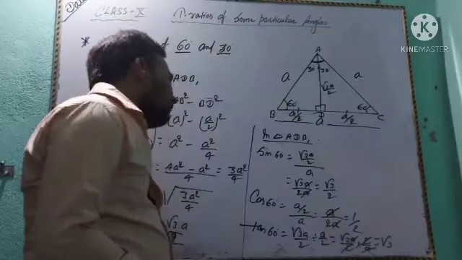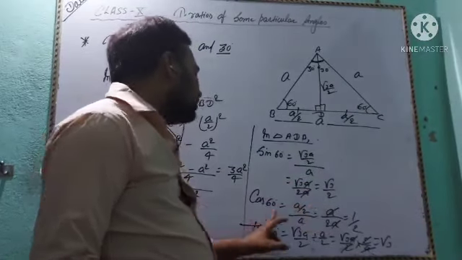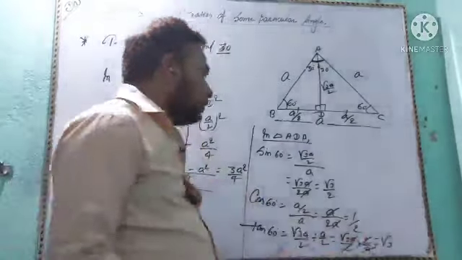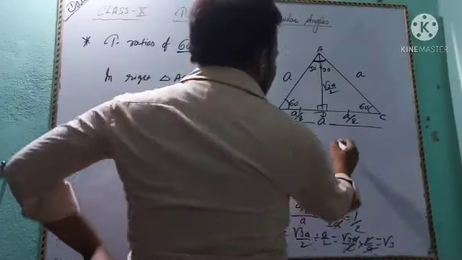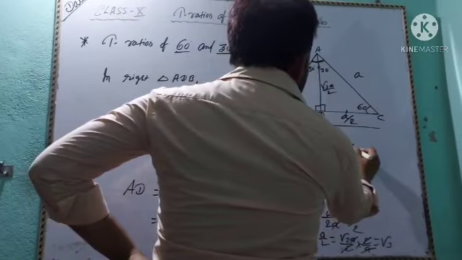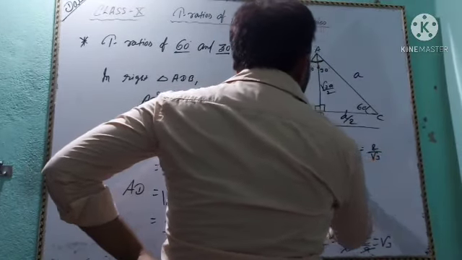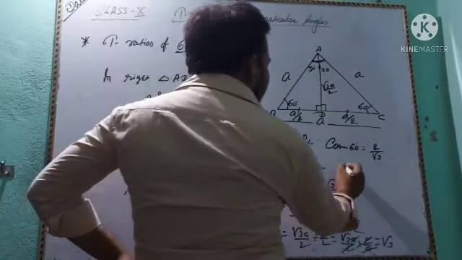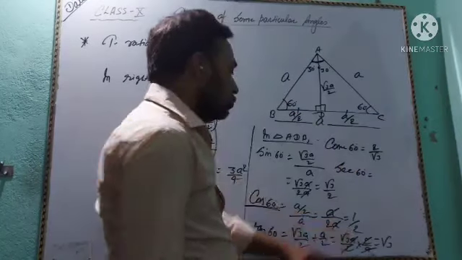So students, for 60 degree, the value of sin 60 degree is root 3 by 2, cos 60 degree is 1 by 2 and tan 60 degree is root 3. The reciprocal of sin 60 degree is cosec 60 degree, so cosec 60 degree is equal to 2 by root 3. The reciprocal of cos 60 degree is sec 60 degree, and the value of sec 60 degree is 2.